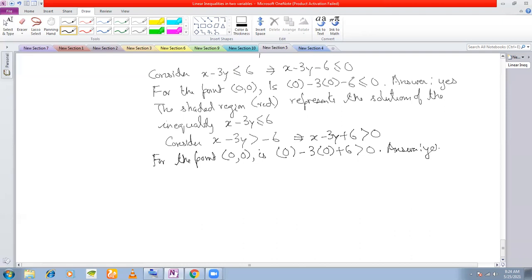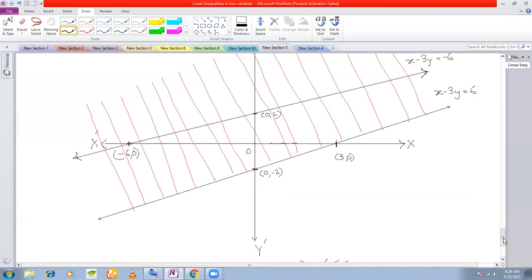Therefore, the solution will lie again on the origin side of this line. But this time the origin side for this equation is this one, right?